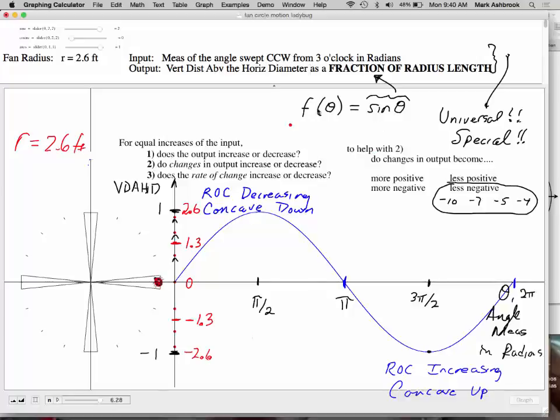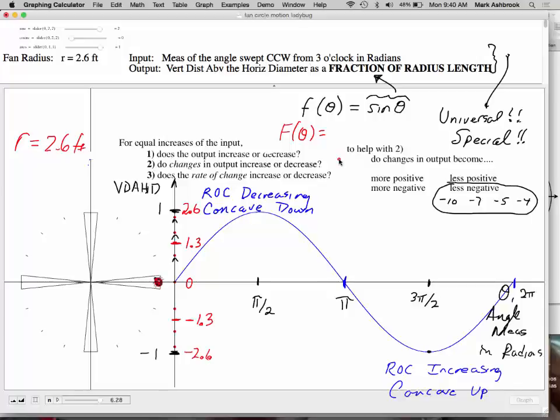So if I make a function g of theta, and let's say capital F for fan. And now I want the output to be feet, okay? So now the input's still the angle measure swept counterclockwise from 3 o'clock, but I want the output to be feet.